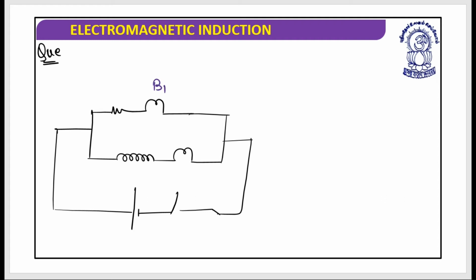This is bulb 1, this is bulb 2. Bulb 1 has been connected with the resistance R, and bulb 2 has been connected with inductance L. These two circuits have been connected with the EMF. As you can see, these two branches are parallel with each other, and connected with the key.